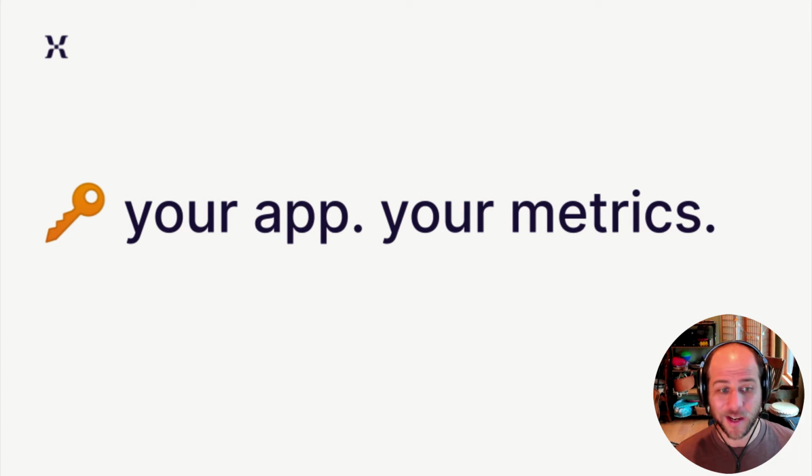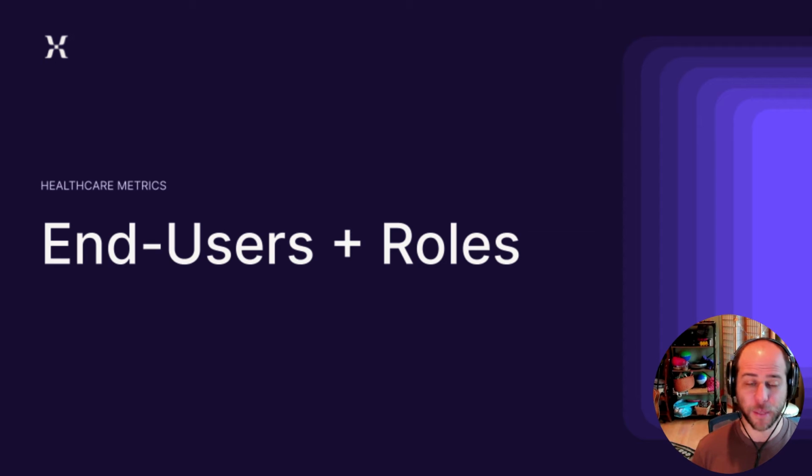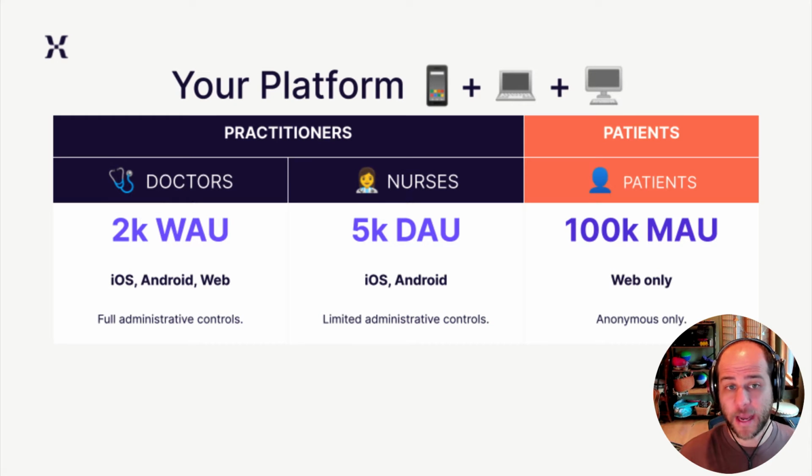So, let's talk about more healthcare-centric metrics. For most healthcare companies and products, users will have different roles in the system. For example, you may have different end-user-facing apps that are all part of the same platform, where doctors use the doctor app, nurses use the nurse app, patients use a patient portal, and so on.